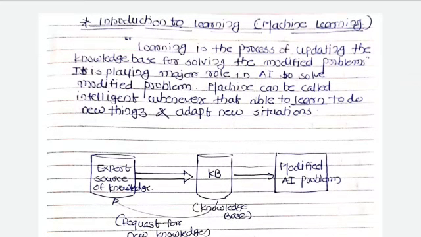It plays a major role in artificial intelligence to solve modified problems. A machine can be called intelligent whenever it is able to learn to do new things and adapt to new situations. Exactly, we say a machine is intelligent when it analyzes the environment and takes the proper decision according to the situation; the machine takes its own decisions.